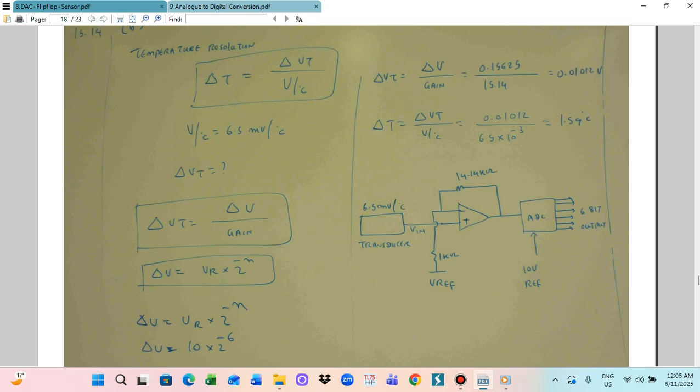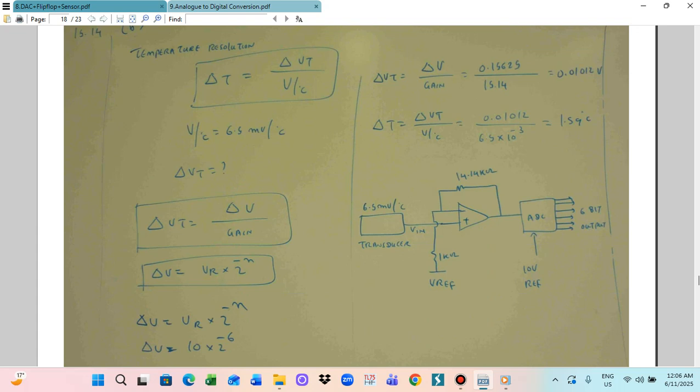Okay, finally we design this circuit. The input is a sensor, a 6.5 millivolt per degree centigrade transducer, and this is connected to the next stage. In this circuit you have to calculate the gain. By using an operational amplifier circuit, we can design the gain.